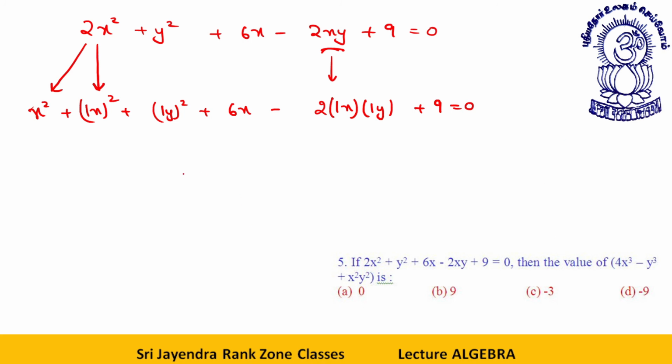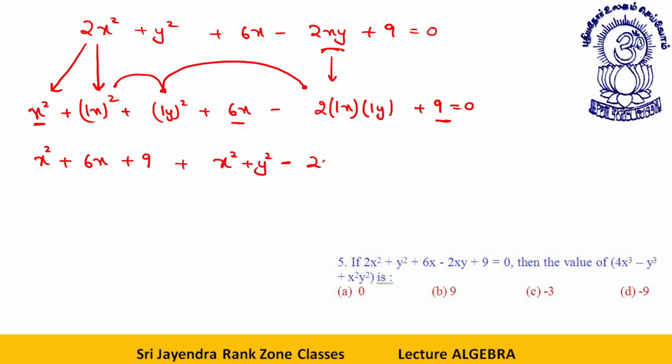Okay, now what I'll do, I'll write it as x square plus 6x plus 9. This is included. Now x square plus y square minus 2xy is equal to 0.